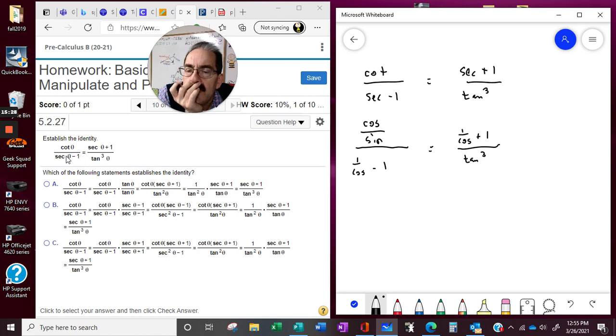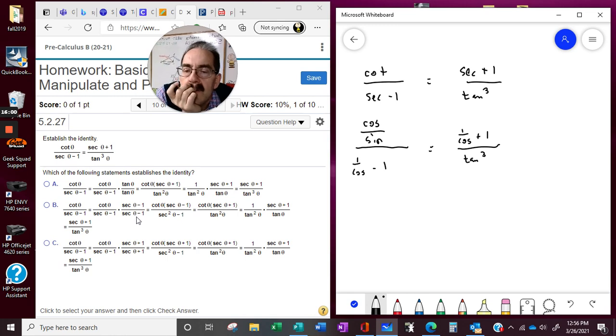We're starting here to get to here. So we're going to multiply top and bottom by tan. We're going to take the first one and multiply by the minus 1.